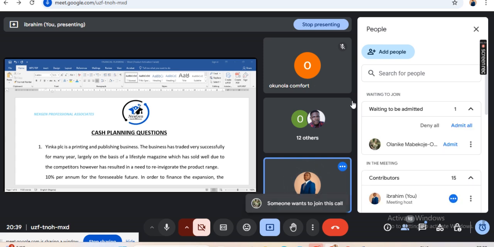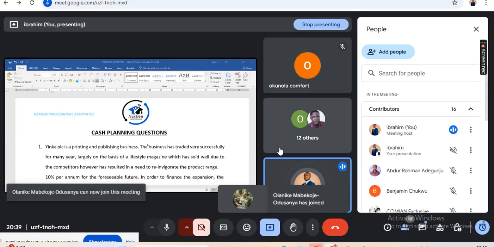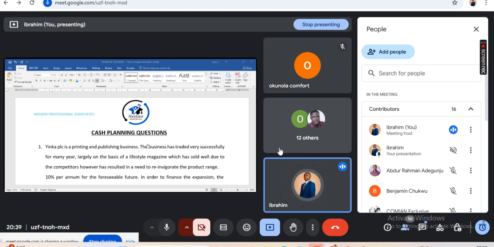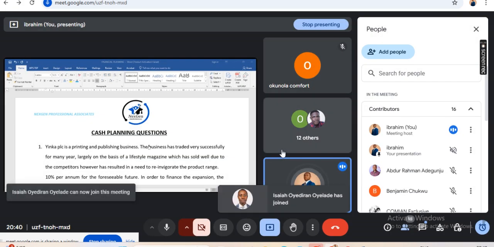In today's class, we'll be looking at a new topic, which is either financial planning or cash planning. Class, what is this all about? Cash planning or financial planning is all about planning to achieve a certain objective. It's just like you work in an organization and you need to make a plan for 2026.